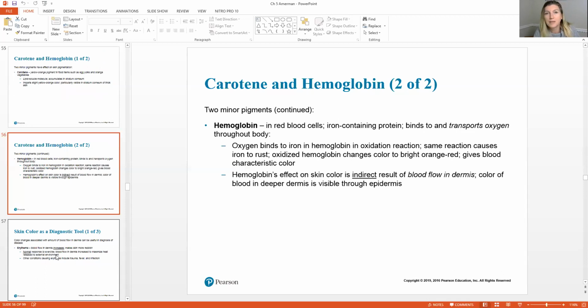Hemoglobin, of course, is the pigment in our blood cells. It's an iron-containing pigment, and it helps carry oxygen. And so hemoglobin, i.e. blood, when it's flowing freely underneath your skin surface, is going to give your skin a kind of pinkish glow. And you know this if you've ever restricted blood flow to a certain area.